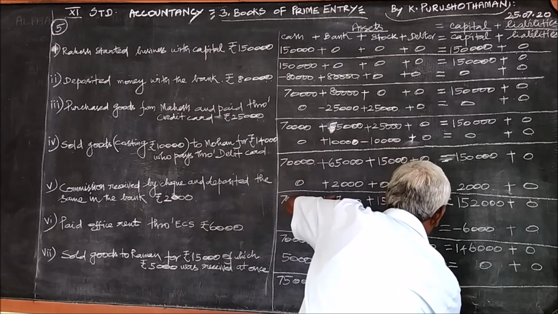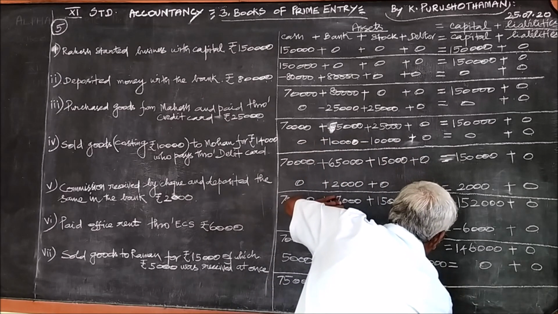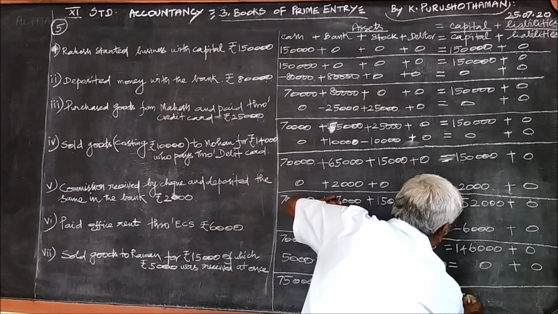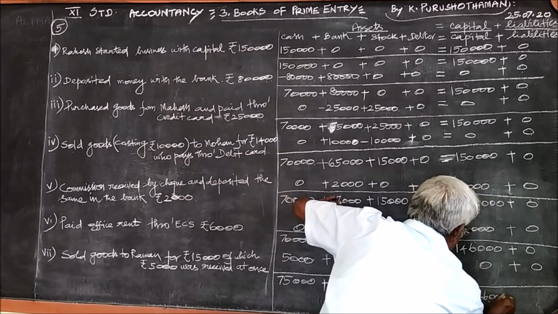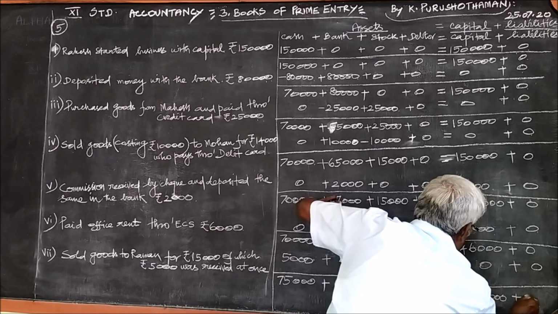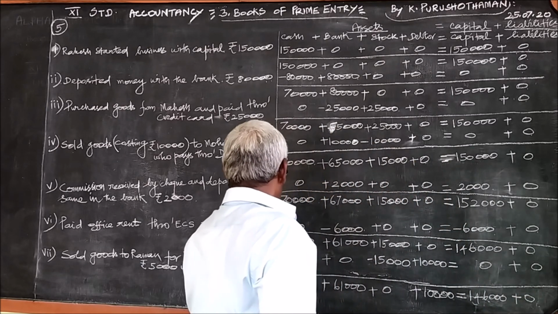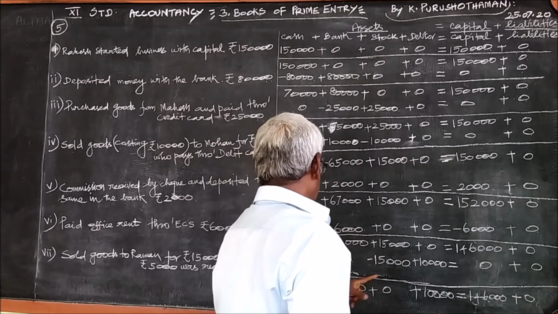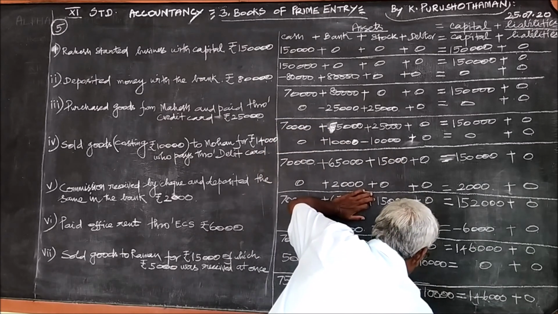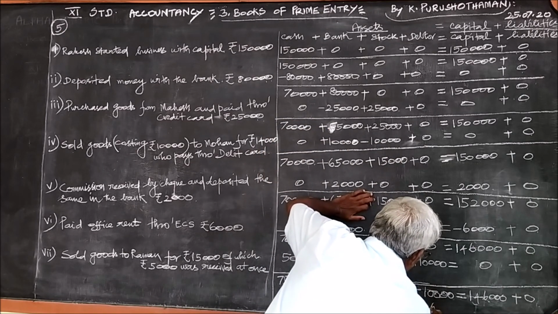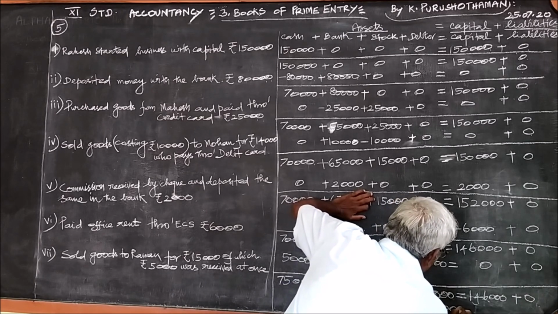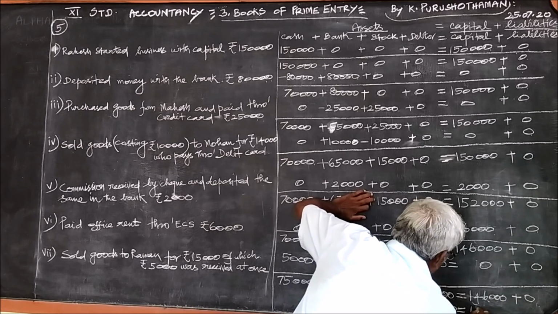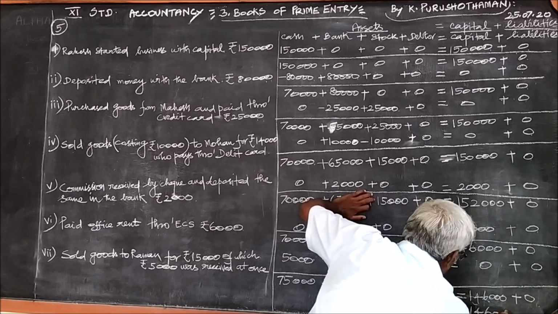Plus 10,000 equal to 1,46,000 plus 0. 76, 136, 146. 1,46,000 equal to 1,46,000.